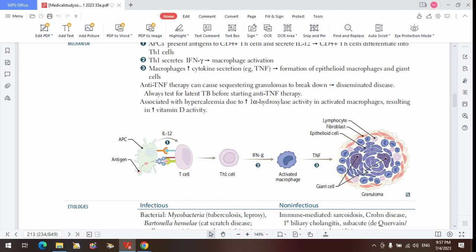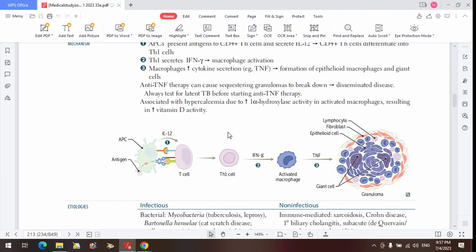So it means that if somebody has a granuloma, and of course in the granuloma we have activated macrophages, they have increased 1-alpha hydroxylase activity, and they can easily convert 25-hydroxycholecalciferol to 1,25-dihydroxycholecalciferol, which is also known as vitamin D. So that vitamin D will now start causing reabsorption of calcium from the intestine, the kidneys and the bone, elevating the level of calcium in the blood.